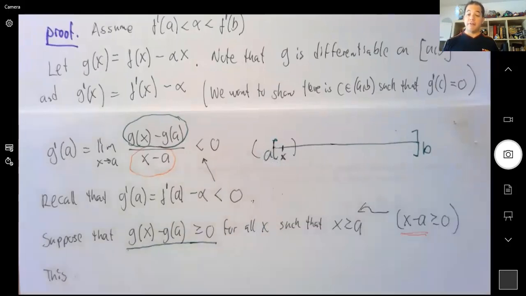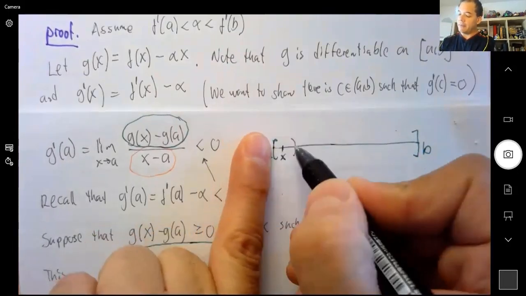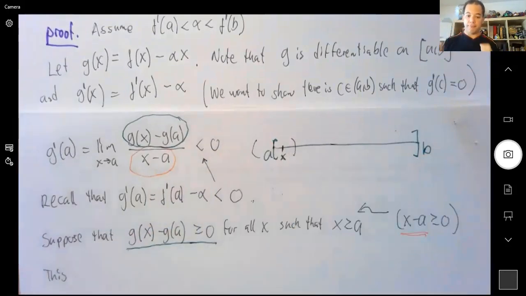The derivative at a point requires you to have a little interval around that point. Because it's defined by a limit, right? So if the function here was not defined on the left, then you cannot talk about the limit, right? For the limit, you need a neighborhood. I see. Right. Makes sense.